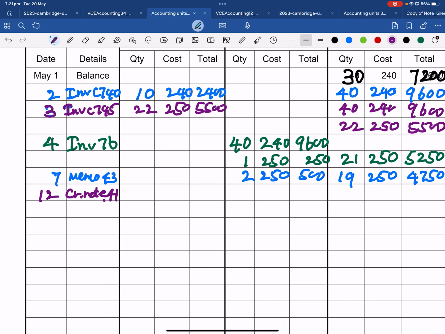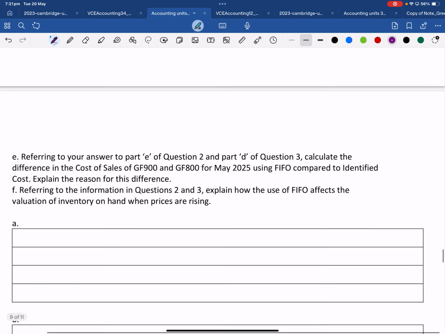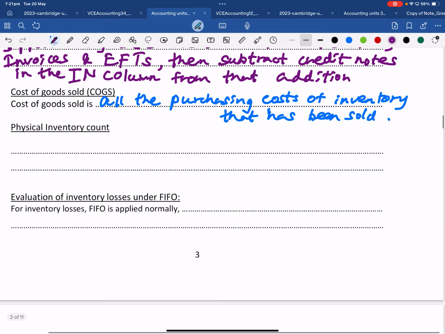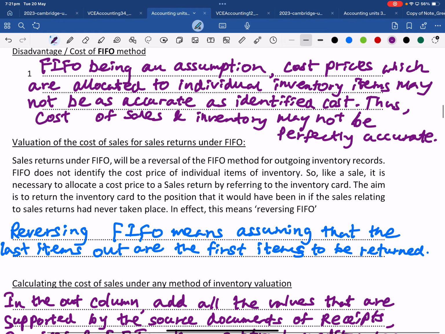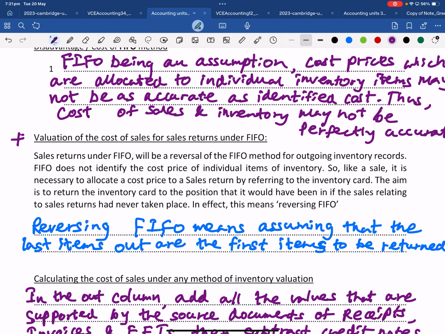Now look, that's where I wanted you to pay your attention to the note. I have given in this one in the note the valuation of cost of sales for sales return under FIFO.